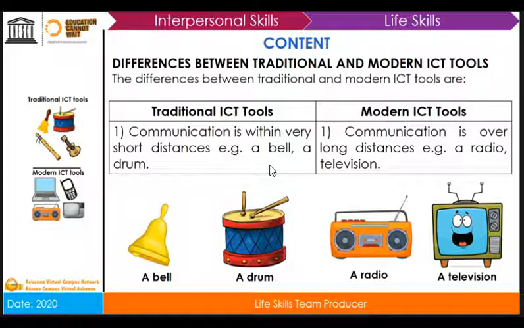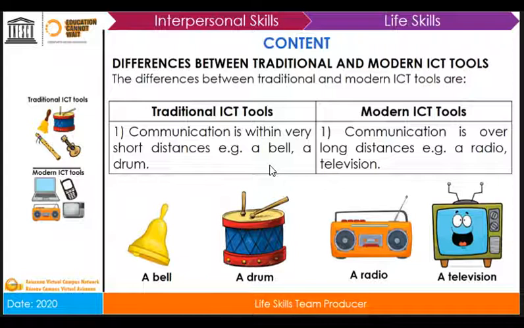Meanwhile, with modern ICT tools, communication is over long distances. Some examples of traditional ICT tools include a bell and a drum.